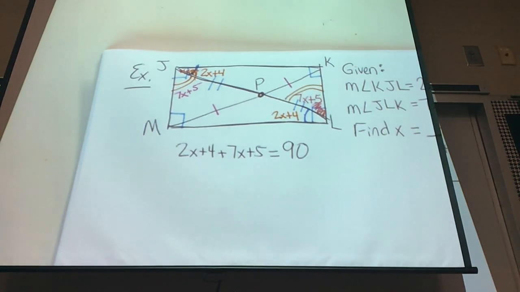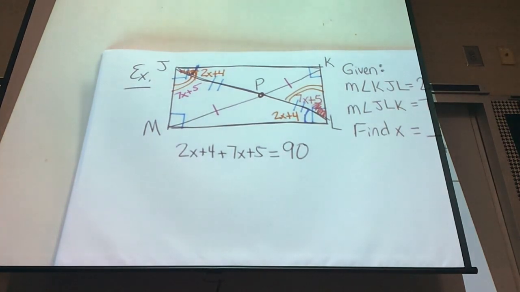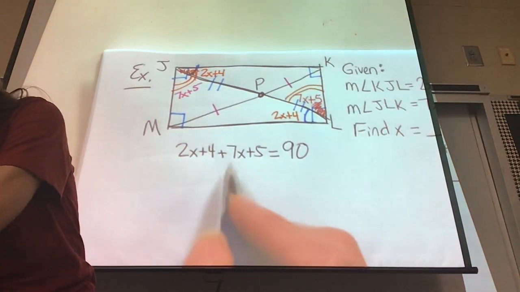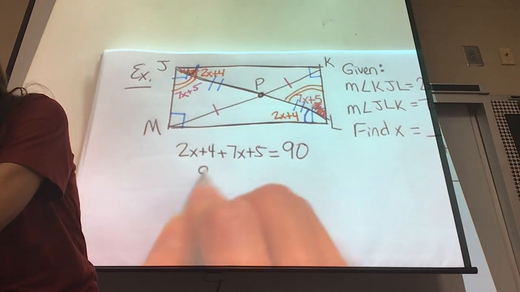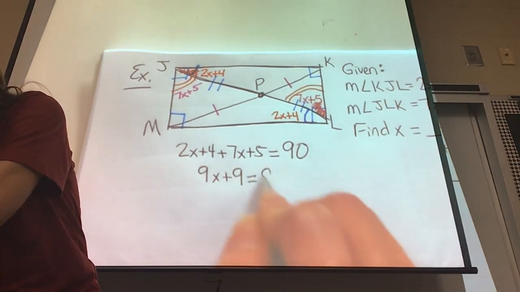And then of course all you've got to do is solve. You have a calculator for that, so you shouldn't have a problem with it. I got x equals what? 9. That's correct. Because when you combine these, you should have 9x plus 9 equals 90.